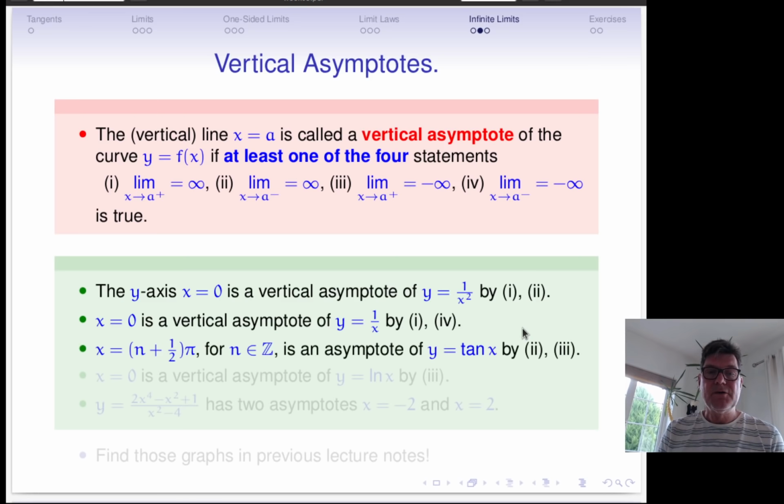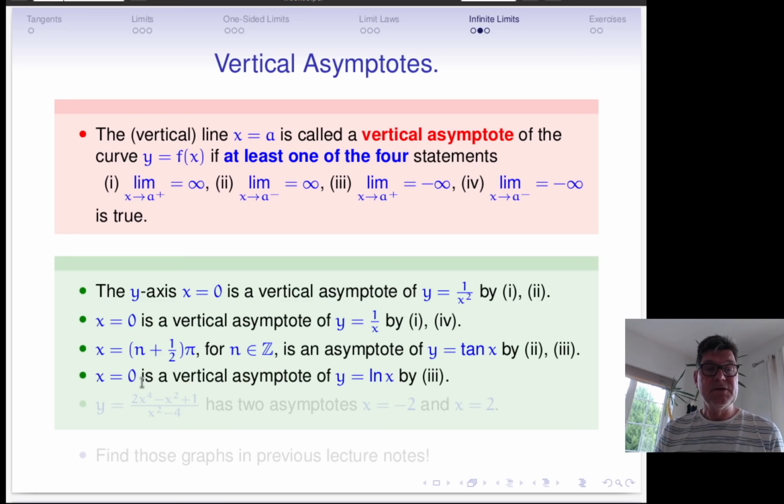The tan function, as the quotient of sine x and cosine x, is not defined at the values x equal to n plus 1/2 pi for any integer n, and there we find vertical asymptotes because conditions 2 and 3 are satisfied.